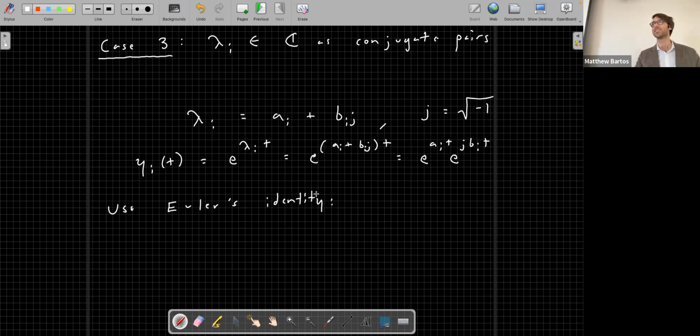And does anyone remember what Euler's identity is? Yes, yes. So essentially, we can take this term here with the imaginary unit in the exponent, and we can write e to the bj is equal to cosine b plus j sine b.